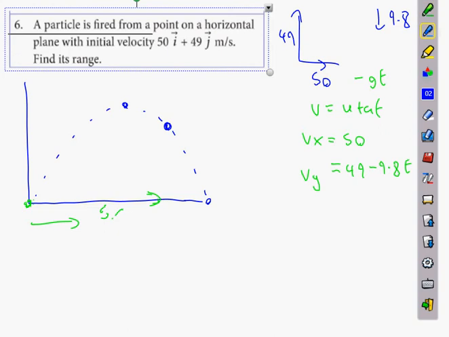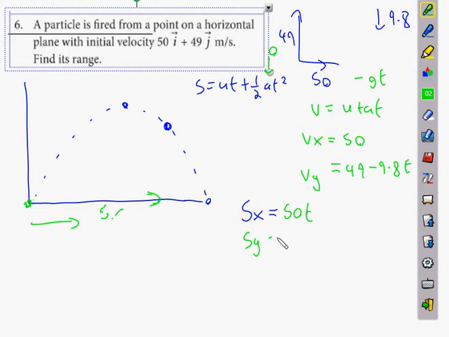Okay, so remember s is ut plus a half at squared, so we're going to use that here. Sx is 50 times t, and because it has no acceleration in the x direction, it just stays as 50t.